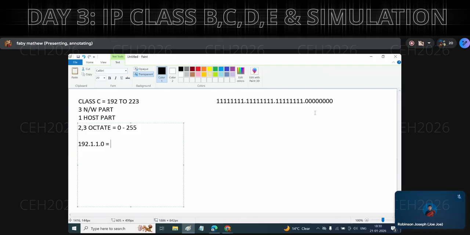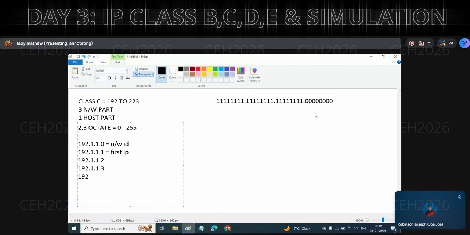So this is the network ID. Our first IP address is 192.1.1.1. This is our first IP. Then 192.1.1.2. This is our second IP. Similarly, it increases the value like this.